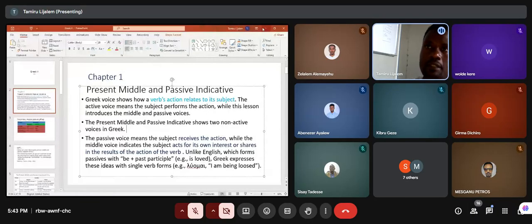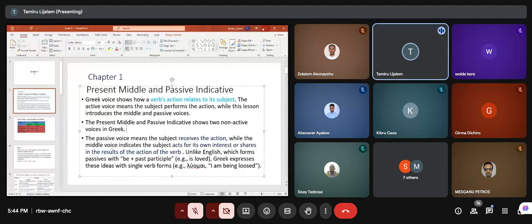I is first person singular, and the plural is we. Second person singular and plural is you, and third person singular is it, she, he, then the plural is they. Each verb in Greek has an ending which indicates a person.